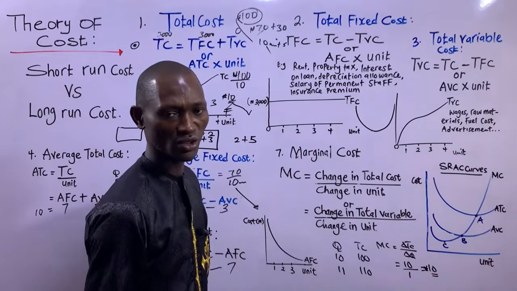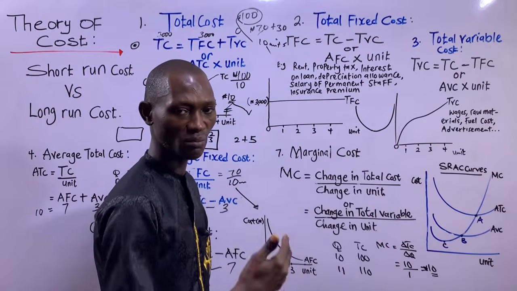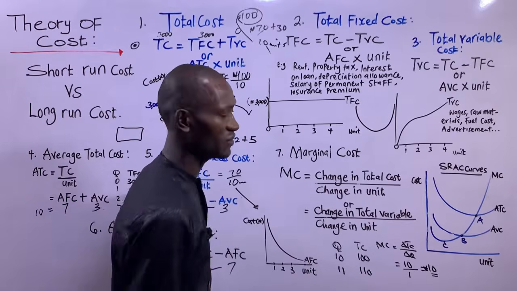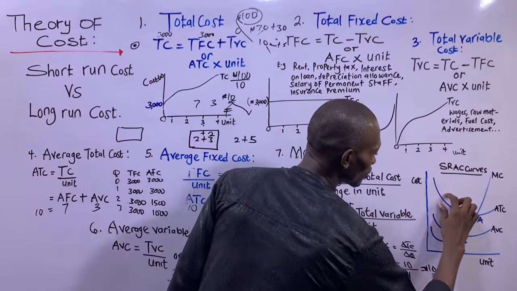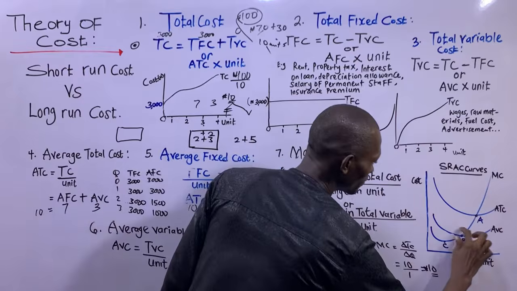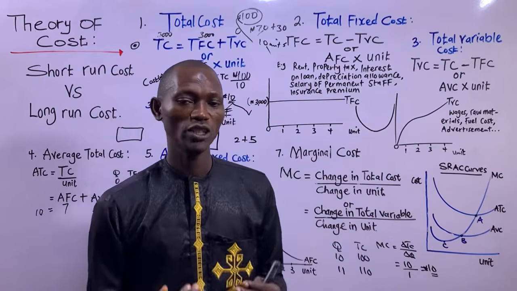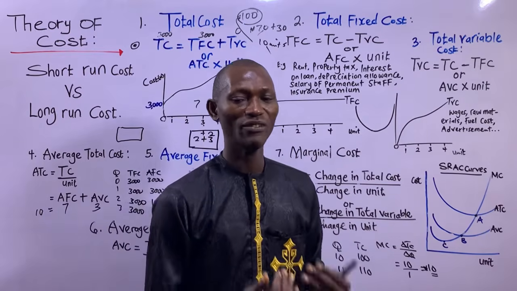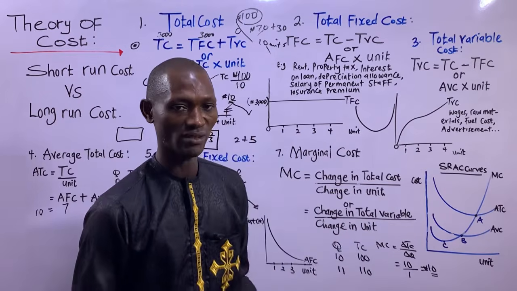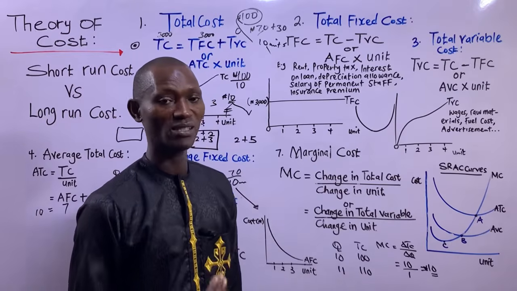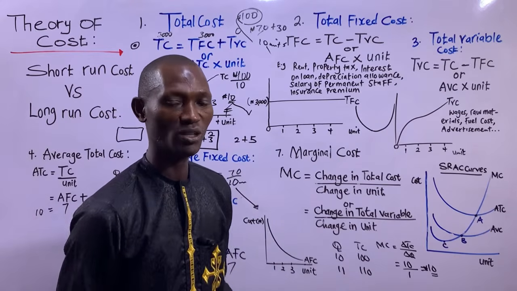When the cost of production per unit, or the cost of supplying per unit of an output, starts falling, it's beneficial for a firm. And that's why you see average total cost falling, average variable cost falling. But when a firm becomes less effective or efficient as it gets bigger, then you say such a firm is experiencing diseconomies of scale.